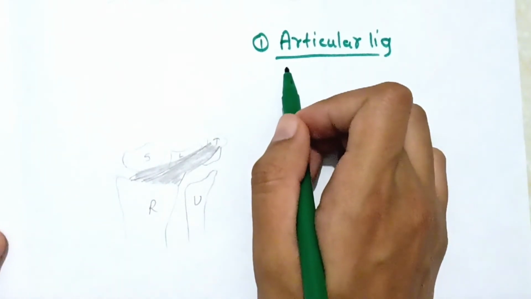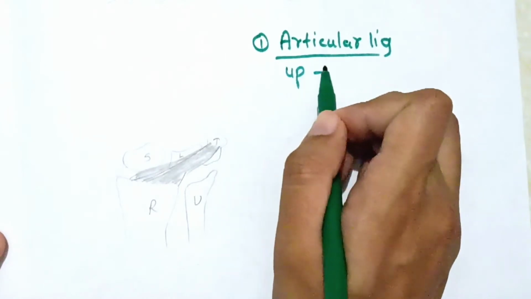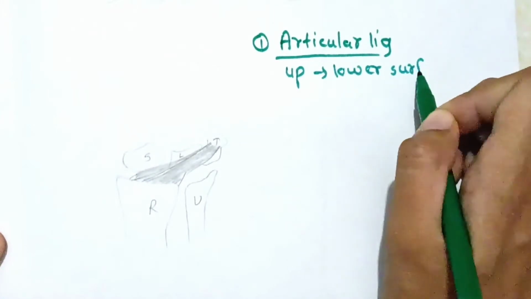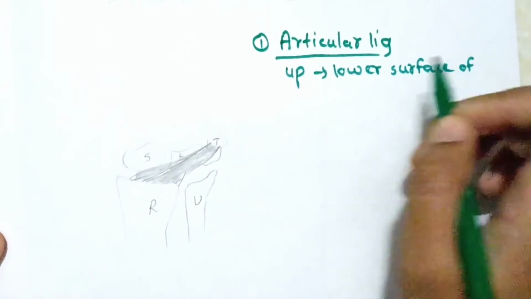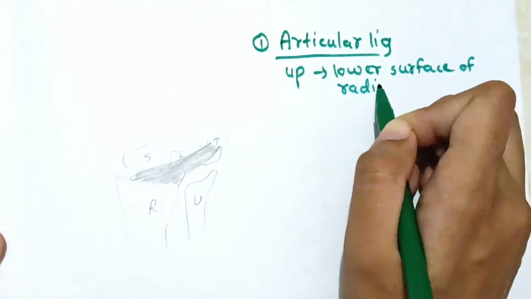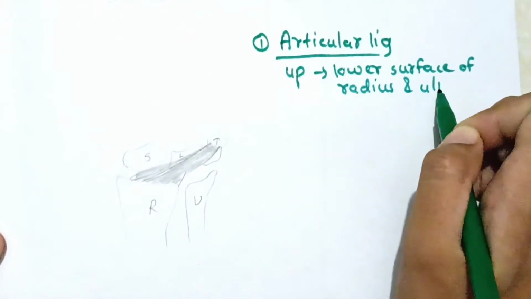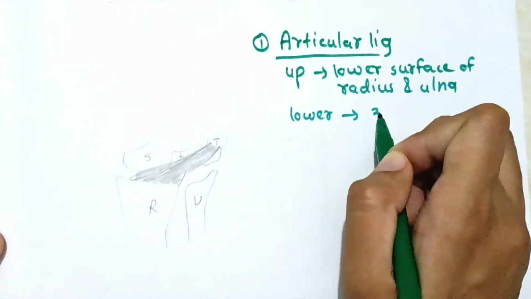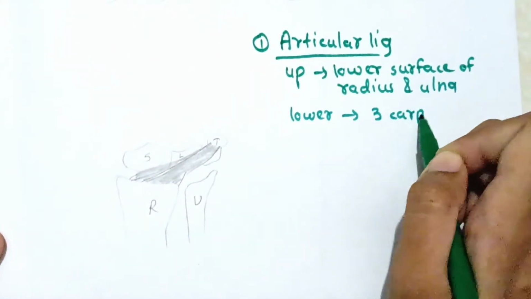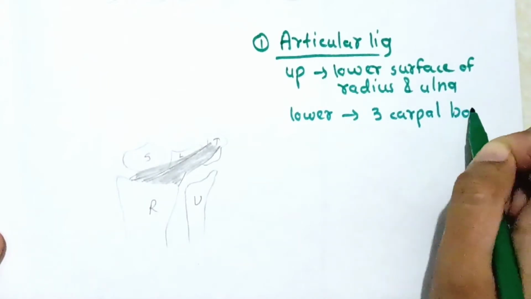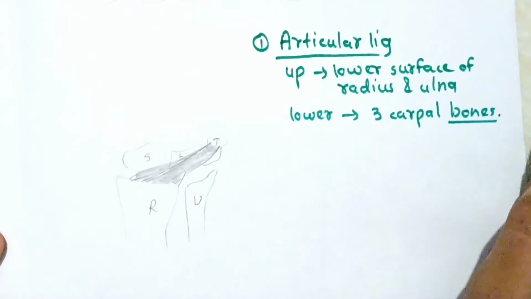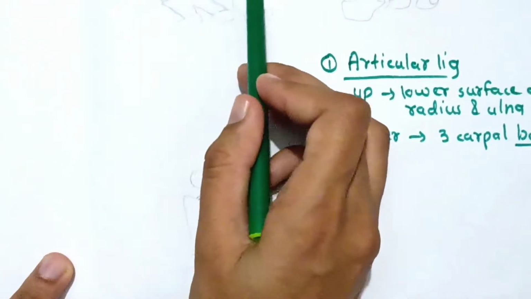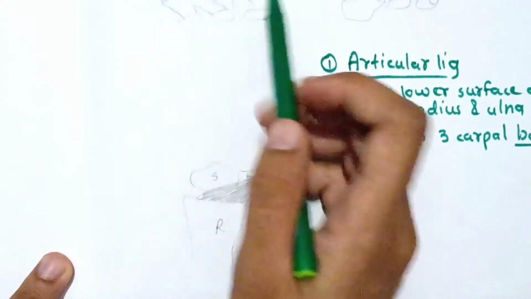Its upper attachment is on the lower surface of the radius and ulna, and its lower attachment is on the 3 carpal bones. So it is covering the whole joint, originating from here and inserting here.